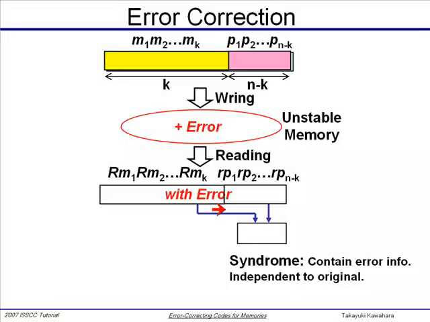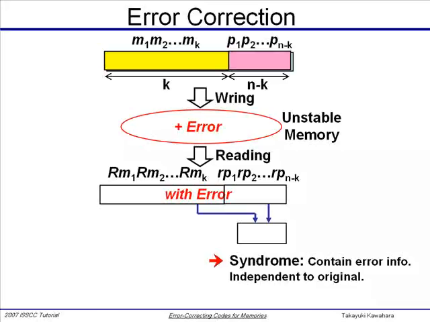The syndrome only contains error information. That is completely independent of the original. I will show that later. This is very important, the magic of coding theory. We can have a syndrome that contains only error info.